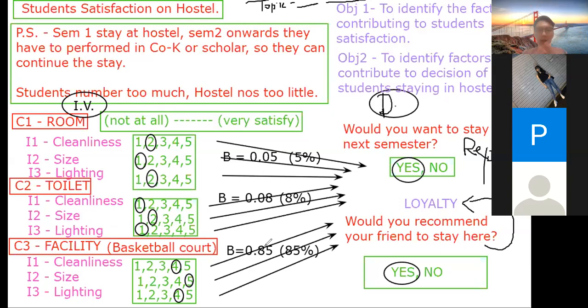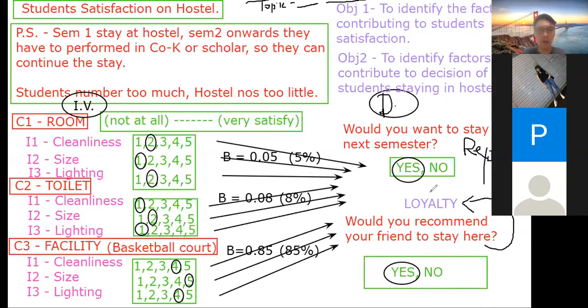Like we never talked about loyalty just now, but suddenly we found these all contribute to loyalty, because loyalty will make people repurchase. Loyalty will cause you to recommend people. Loyalty will cause and affect your satisfaction.